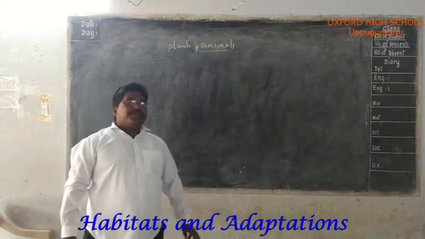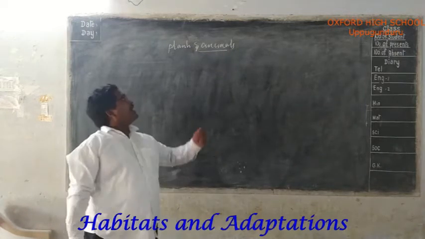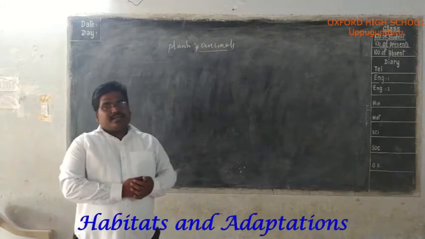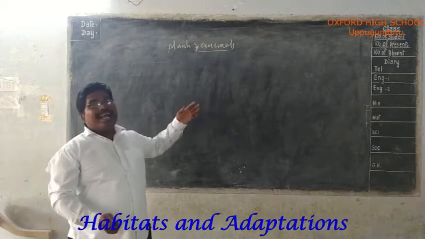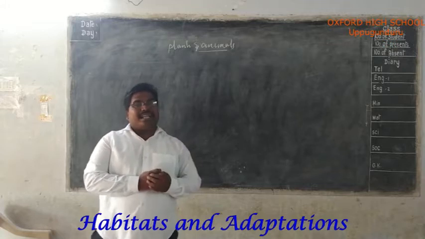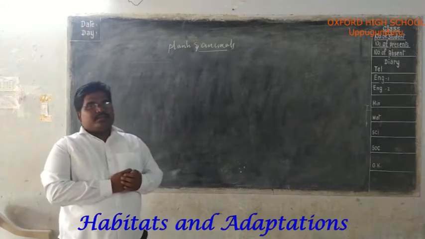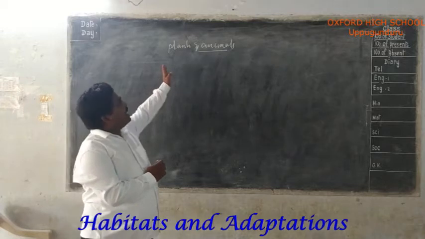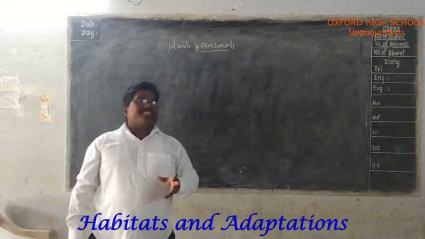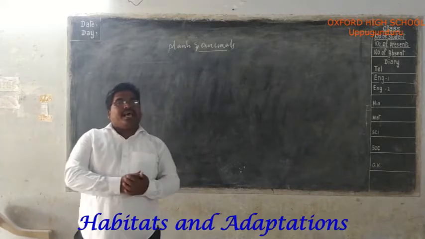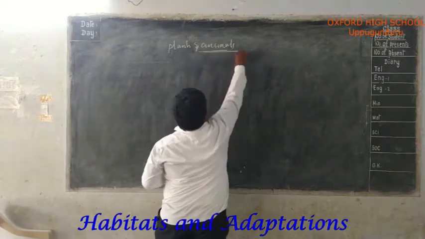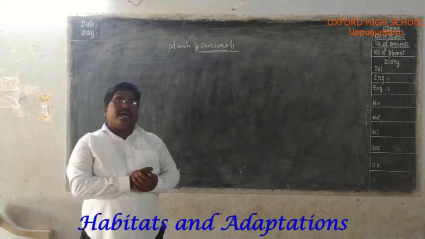So in this lesson we are going to discuss where these plants and animals live, and how they are living. All the plants and animals are specialized to adjust themselves to a particular place where they are living. In this lesson, we mainly discuss the animals, where they are living and how they are living.